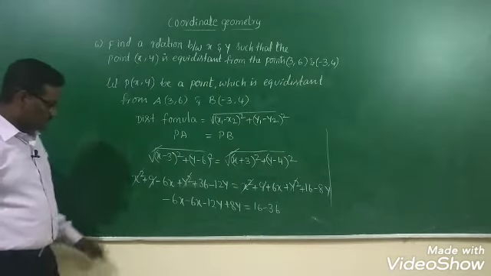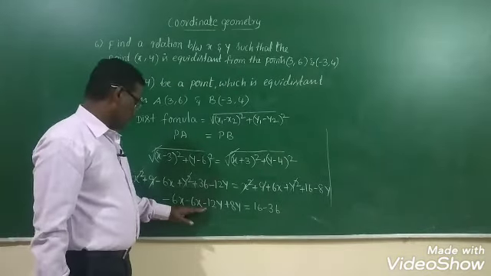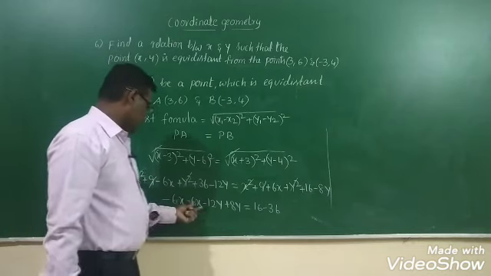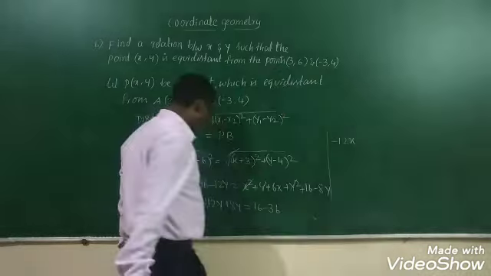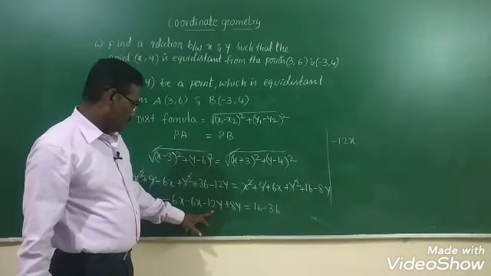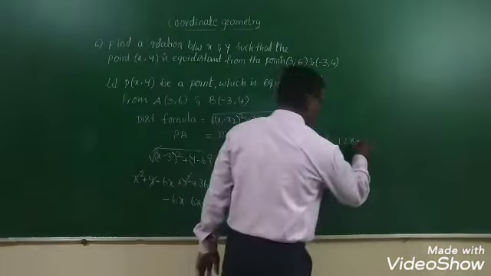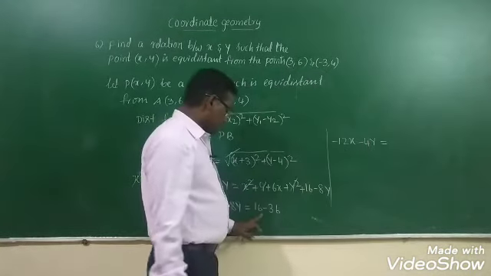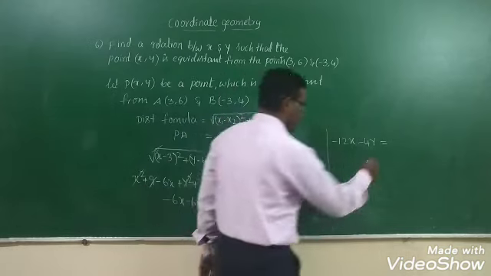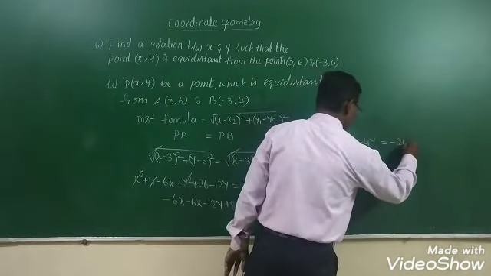Once again, like terms we write on one side. So minus 6x minus 6x is minus 12x. Minus 12y plus 8y will be minus 4y, equals 16 minus 36, which is minus 20.